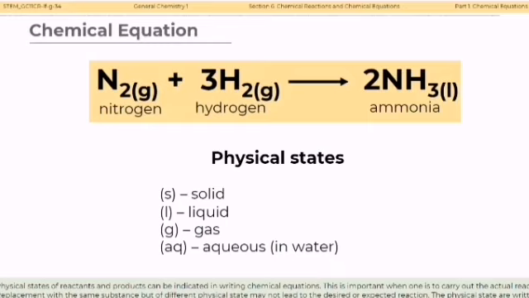The physical states are written after the chemical formula and are indicated by symbols for solid, liquid, gas: S for solid, L for liquid, G for gas, and AQ for aqueous substances, or those dissolved in water.